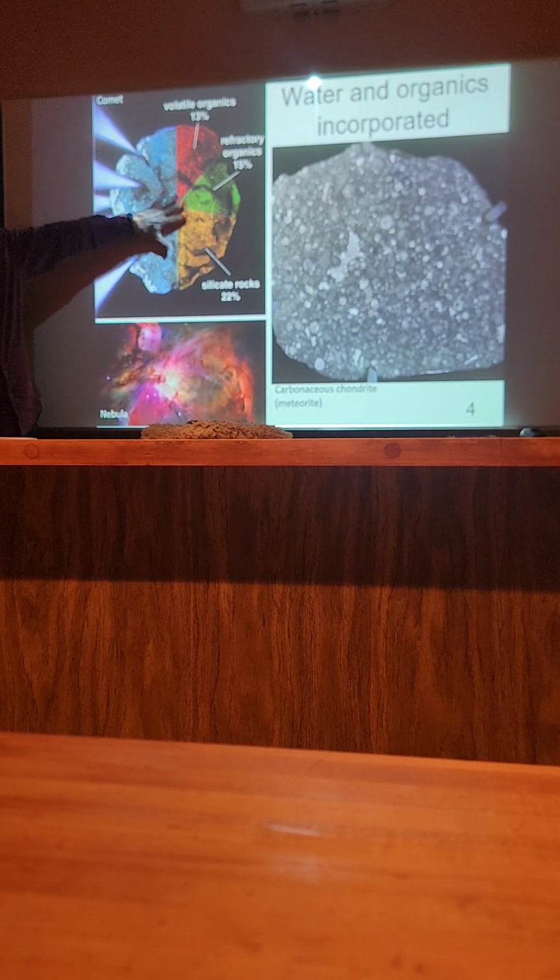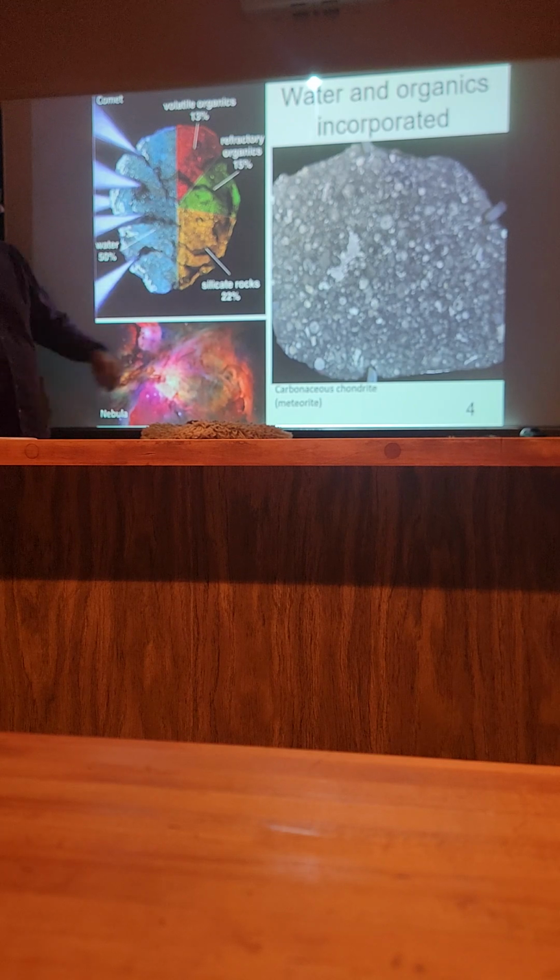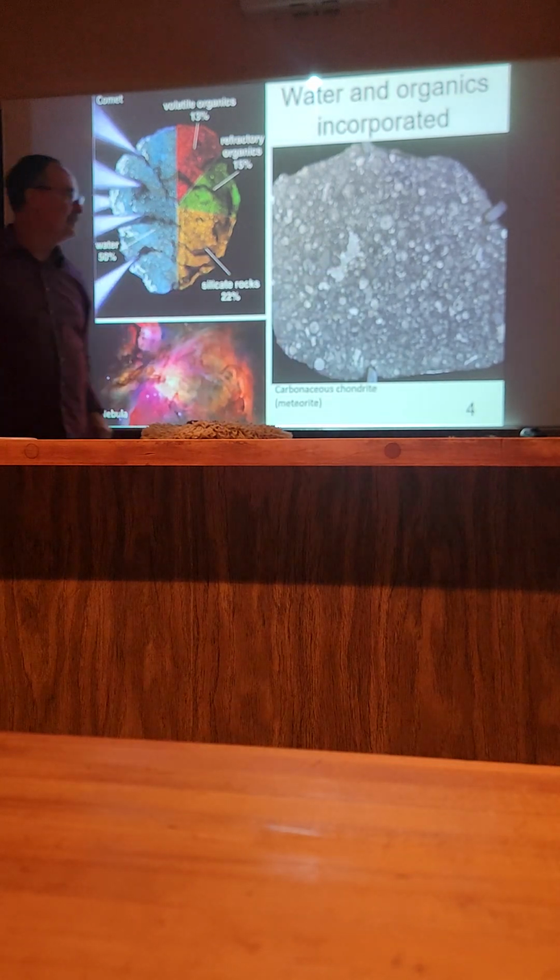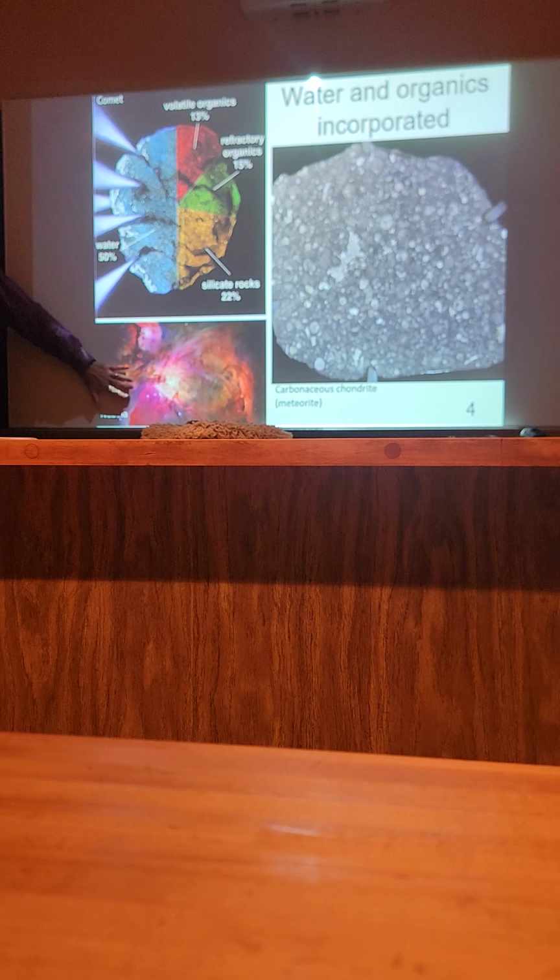So all the stuff that you see in comets and in meteorites, it's the same stuff that we can also see in nebulae. You can read the spectra of the nebulae to figure out which elements are in it. That's what astronomers can do. We have some nice astronomy classes here at PCC where you can learn how that's done.